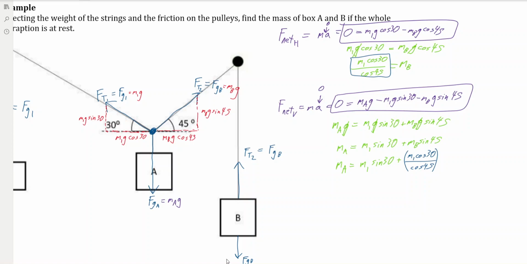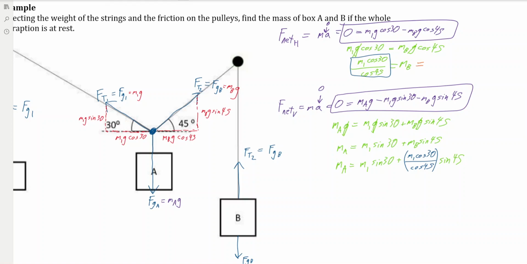So that's this part, okay? And then times sine 45, which is what was there before. And so both of them are now in terms of just M1, which was literally just the value of 1.